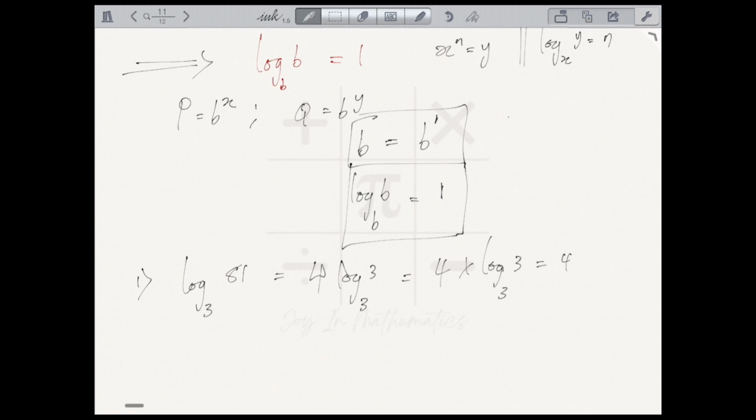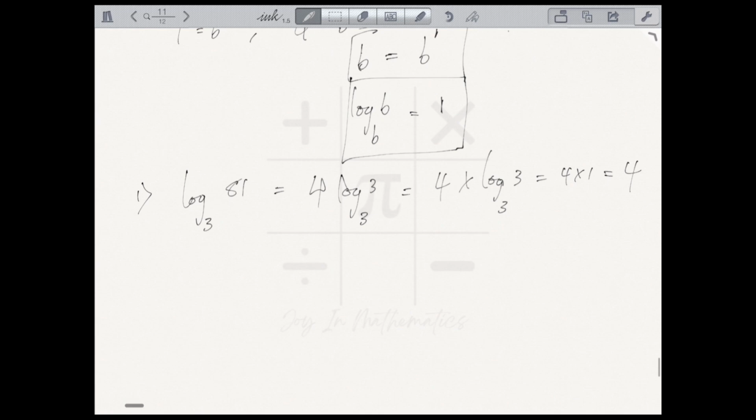So this will be 4 times 1, which is equal to 4. So log 81 to base 3 is equal to 4. In index form, this will be 3 raised to the power of 4 is equal to 81.